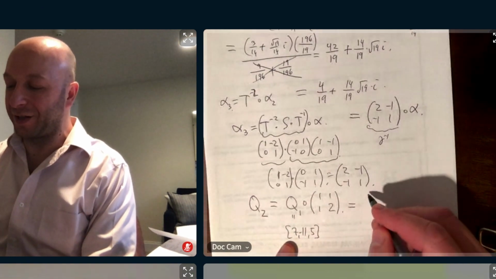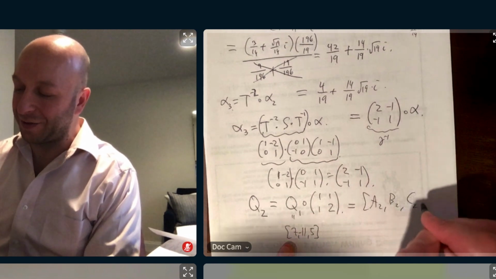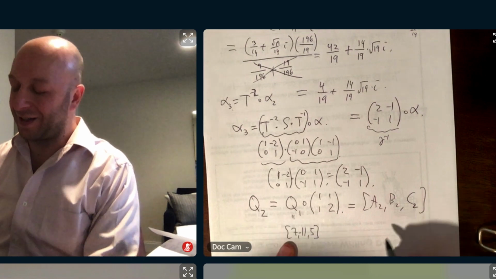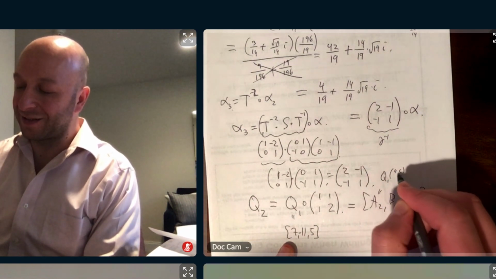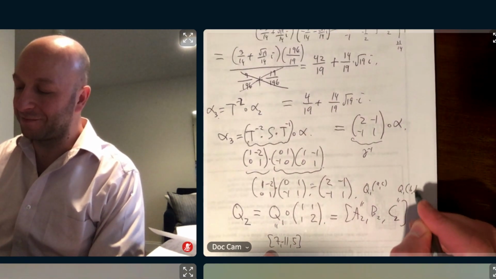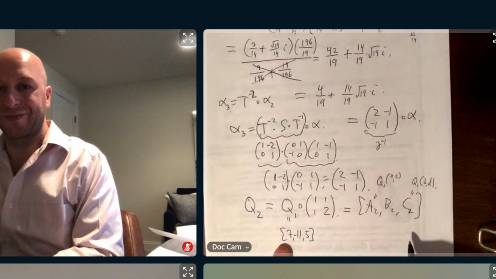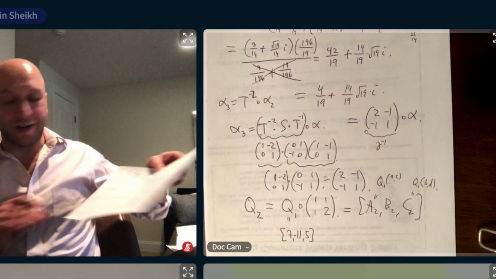This is going to be A2, B2, C2. And A2 is just Q1 of AC, and C2 is just Q1 of BD. You guys remember this? And B2 was some complicated formula, but thankfully we already needed it earlier.